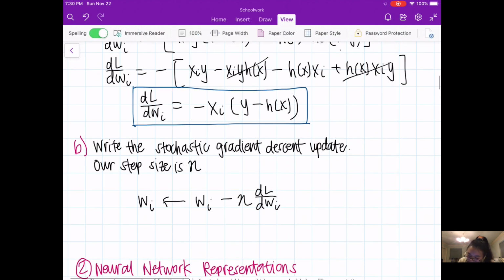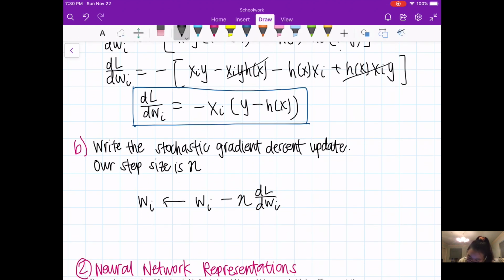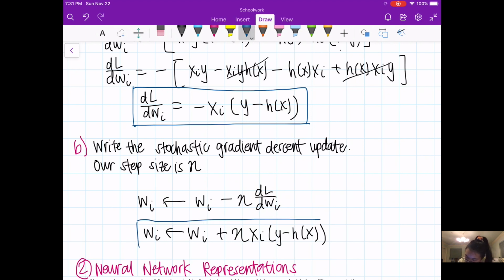We already found our gradient in subpart A, so we can directly plug that in and get that wi is going to be updated to wi minus n. And then I'm just going to distribute the negative, so it becomes plus xi times y minus h of x. And then this will be our update, and that is what we would use in gradient descent. And now we have finished number 1.